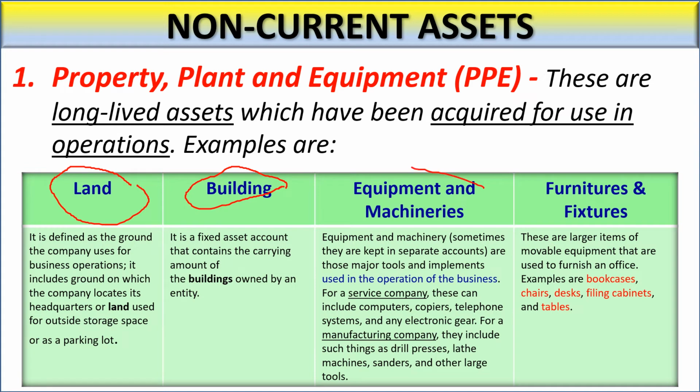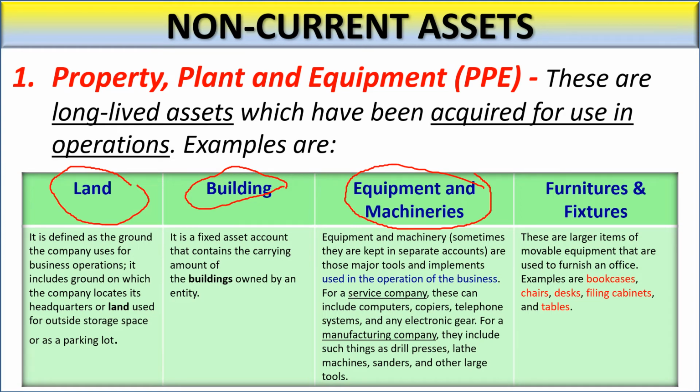Equipment and machineries. Equipment and machinery, sometimes they are kept in separate accounts. So equipment and machinery are those major tools and implements used in the operation of the business.